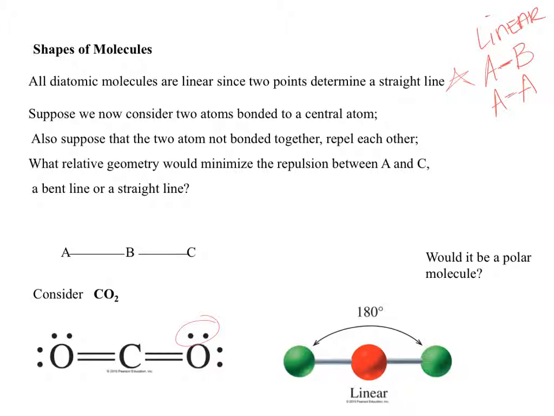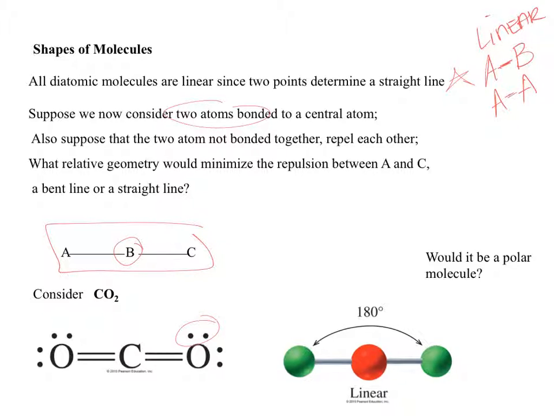However, what if we look at two atoms bonded to a central atom? What you're going to learn here, and what I should have really started with, is that it doesn't matter what the actual atoms are in determining shape. You're going to be looking at quantities of bonds versus lone pairs. That's why, for instance, right here, I use the letters A, B, and C. Other than B, boron, A and C are not actual elements, and it doesn't matter.